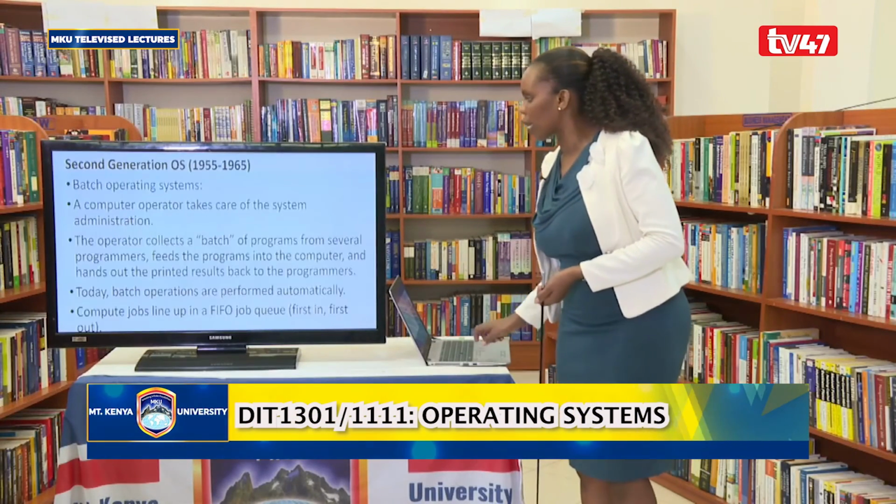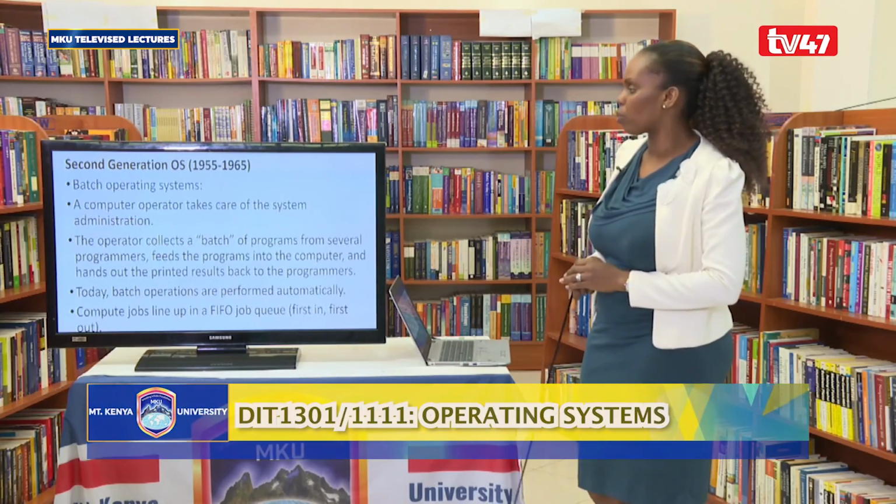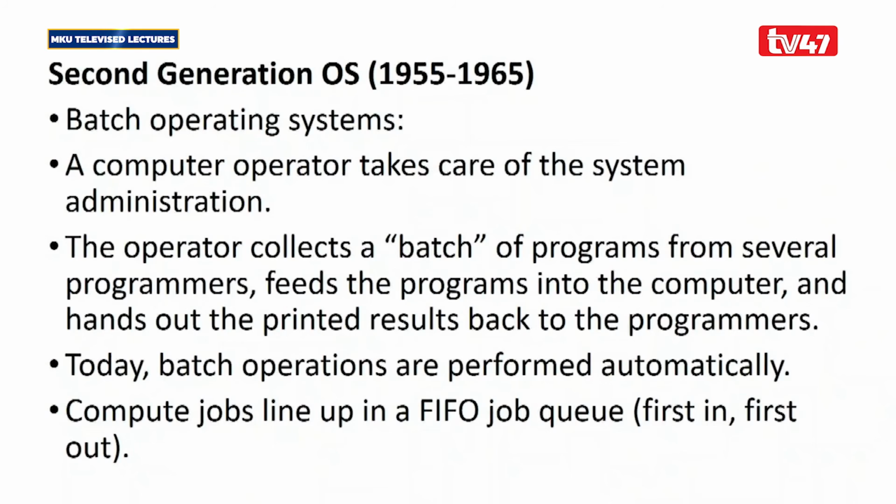Then we moved to the second generation, whereby we had the batch operating system, where tasks are accumulated before they can be executed, and then a computer operator takes care of the system administration. The operator collects a batch of programs from several programmers, feeds the programs into the computer, and then the programs are executed and the results sent back to the programmer.